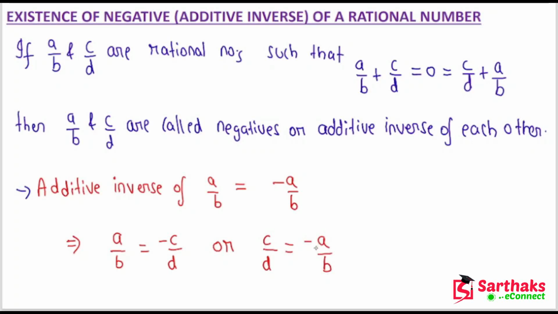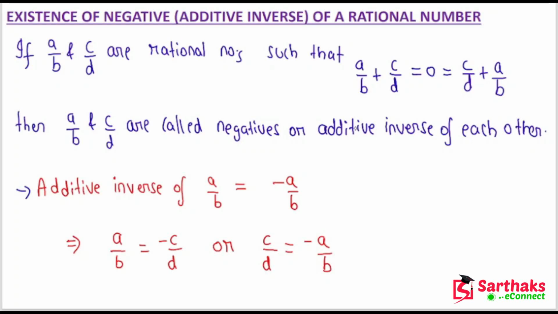Now if you bring this minus a by b to LHS, it will become positive, and again it will give the same result, that is a upon b plus c upon d is equal to 0. So this is the concept of existence of negative or additive inverse. Now you can see that after adding additive inverse, we are getting additive identity. 0 is the additive identity. So you can also say that if a number is added to another rational number and we get additive identity, then that number is called inverse of that rational number.